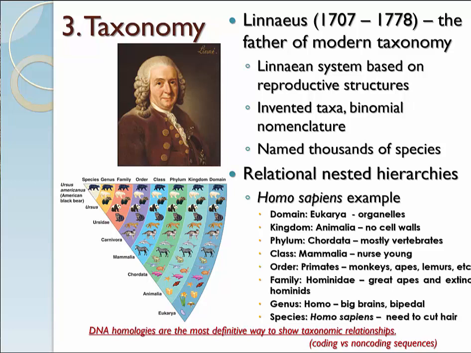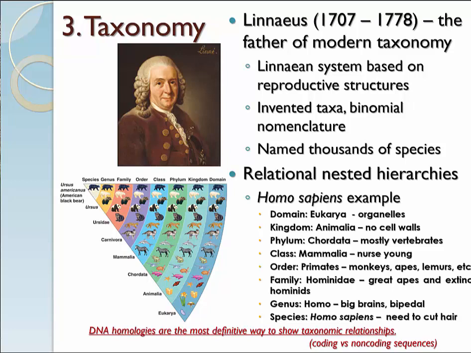If you're going to look at relationships between something like a species, or like a bear and a mouse or whatever, species that are distantly related, then you'd use coding sequences, because there's not going to be that much change between the coding sequences.